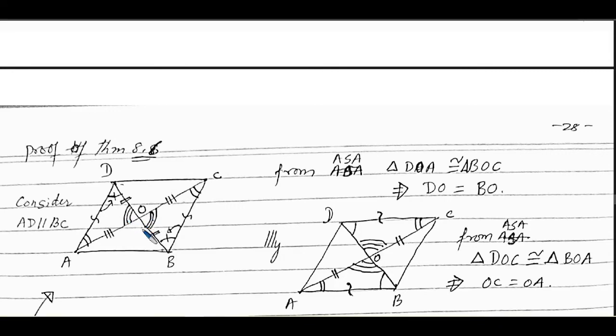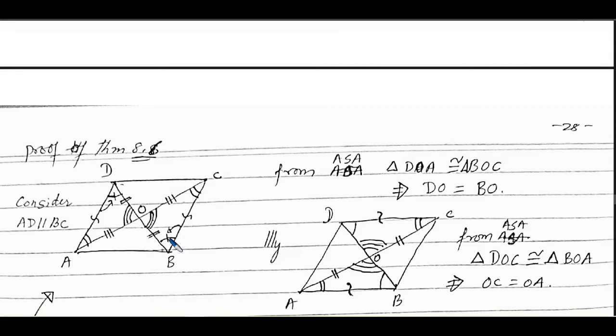So I know that if AD and BC are parallel lines, and if I draw a transversal along this diagonal, then the angle between this parallel line and the diagonal and this parallel line and the diagonal will be the same, alternate interior angles, which you have seen.